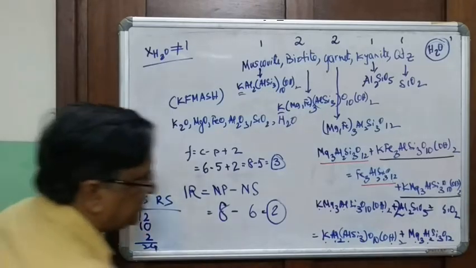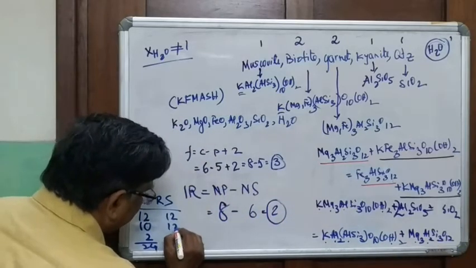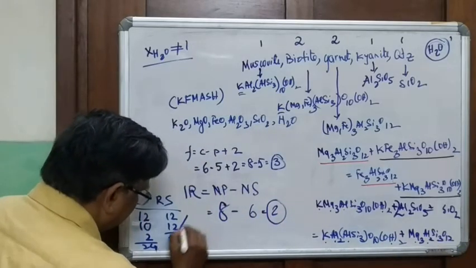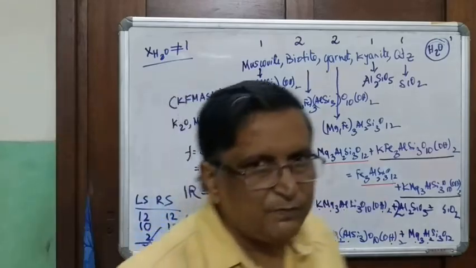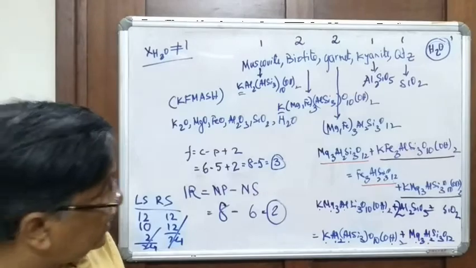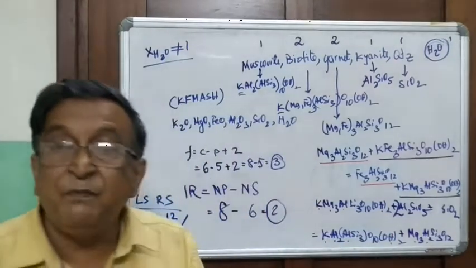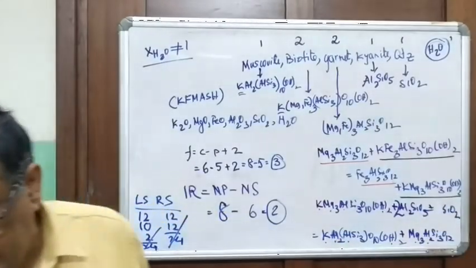Right? Right hand side, 2 plus 10, 12 plus 12, 24. Done. Your equation is balanced. Imagine the mistake that I did. Even an experienced person might make a mistake. I forgot to check this aluminium and it made a catastrophe. Oh, everything would be wrong.